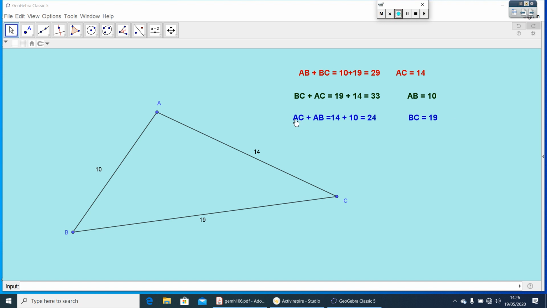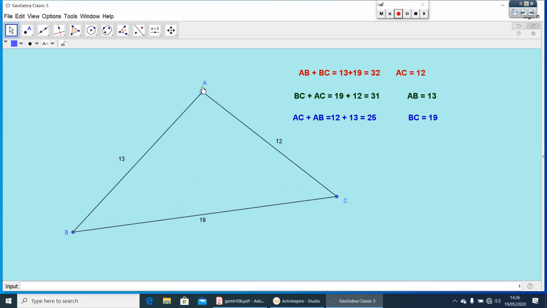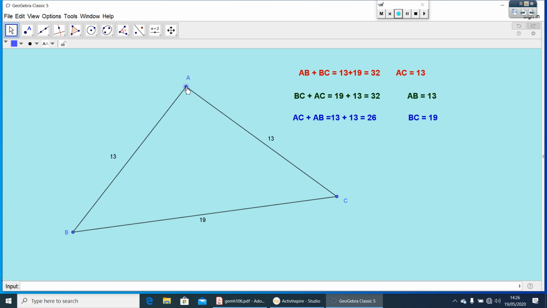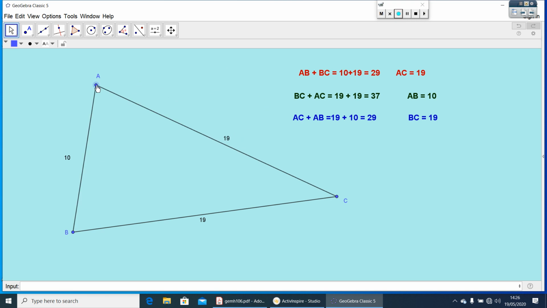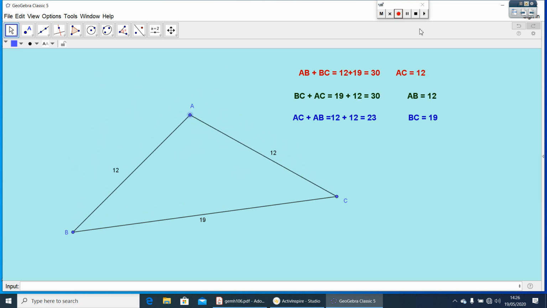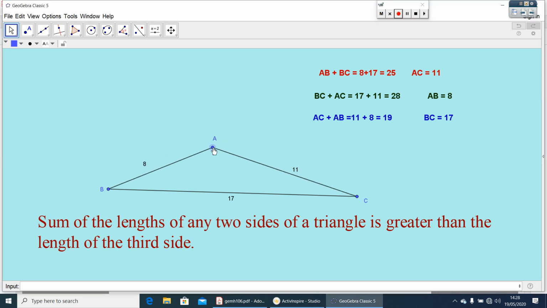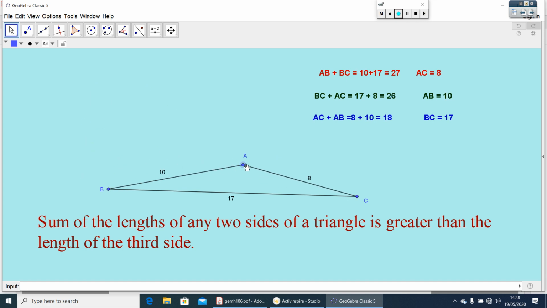Here also AC plus AB is greater than BC. Now let me change. You can say in all the cases AC plus AB greater than BC, BC plus AC greater than AB and AB plus BC greater than AC. So we can generalize: the sum of the length of any two sides of a triangle is greater than the length of the third side.